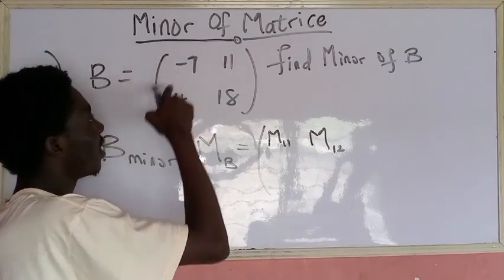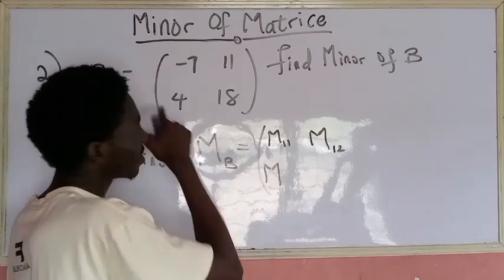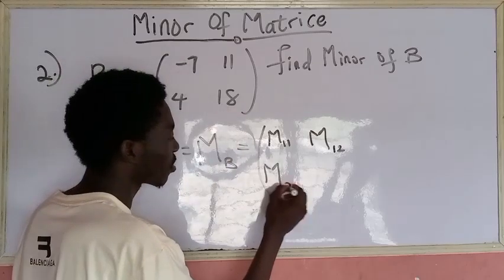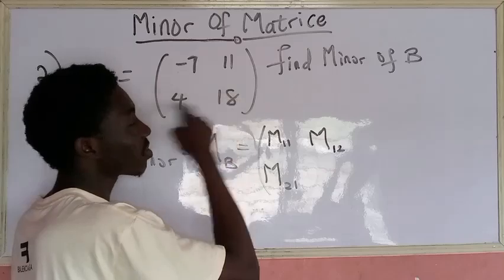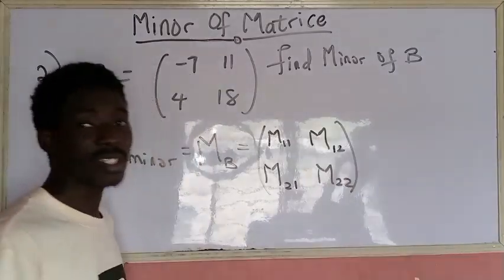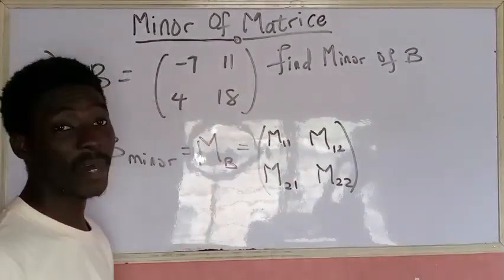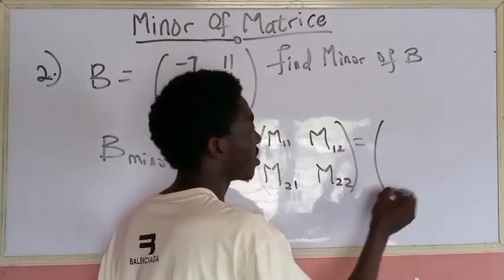Here is the second row, first column, that is 2, 1. This one is the second row and second column. So these are the minor positions of matrix B. And now let's go find the answer.